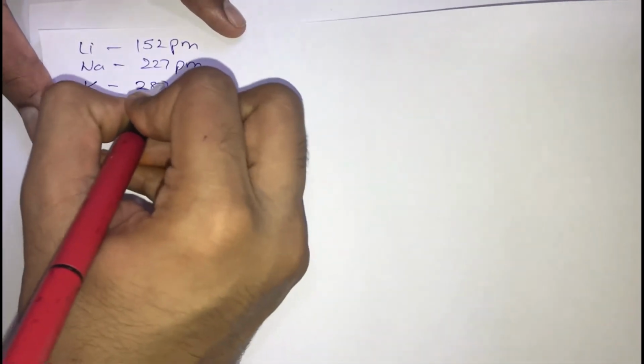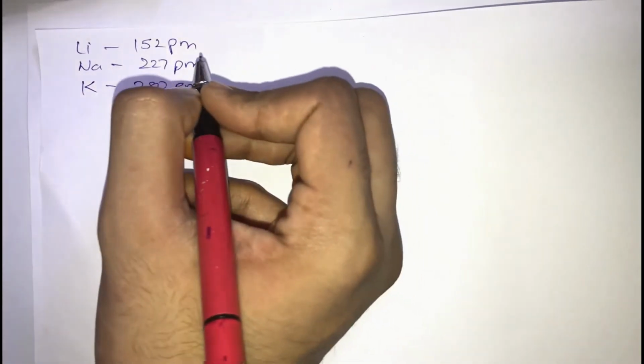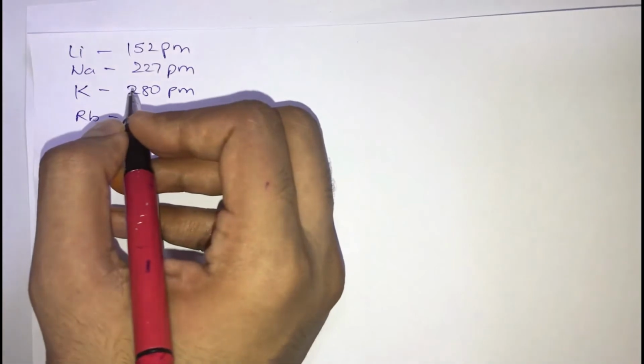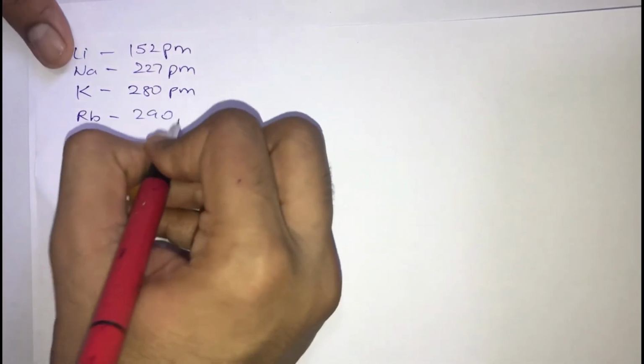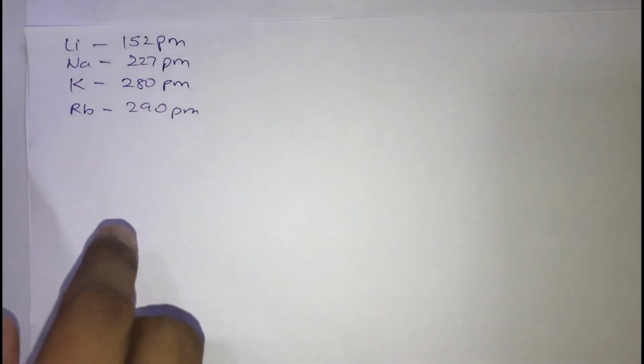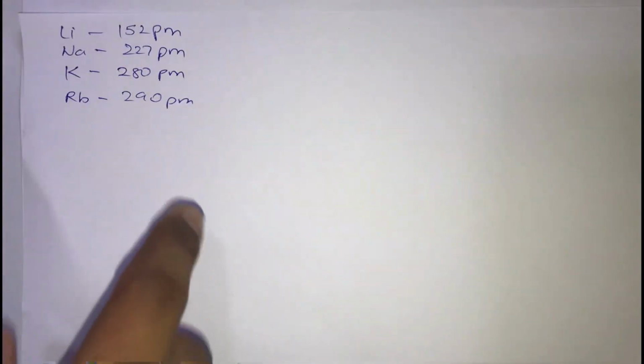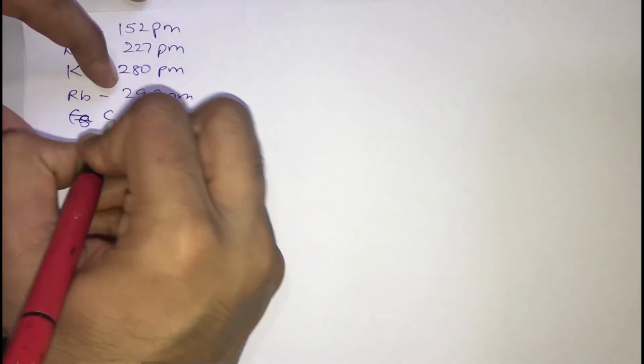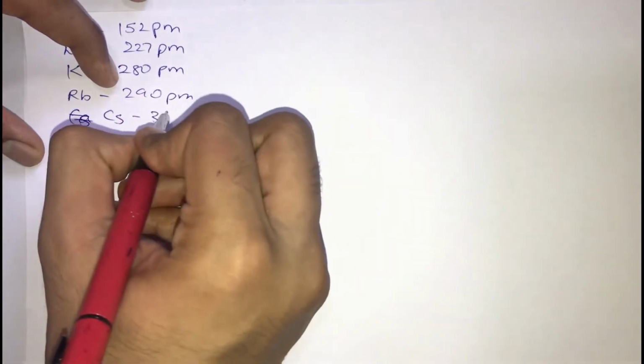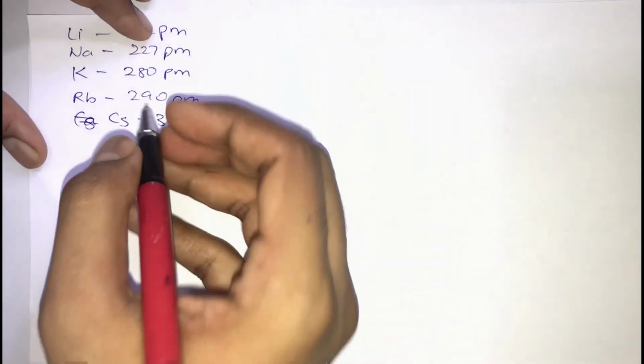The atomic radius of rubidium is nothing but 290 picometer. And as we move down, after rubidium comes your cesium. So the atomic radius of cesium is 343 picometers, and the atomic radius of francium, Fr, turns out to be 348 picometer.